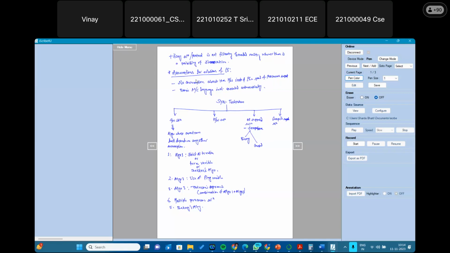Then we have the second type, the counting semaphore. In counting semaphore, the value of semaphore is not restricted to only 0 and 1. It can be increased as per our requirement based on the number of processes. Whereas compiler support solution is nothing but a monitor solution.